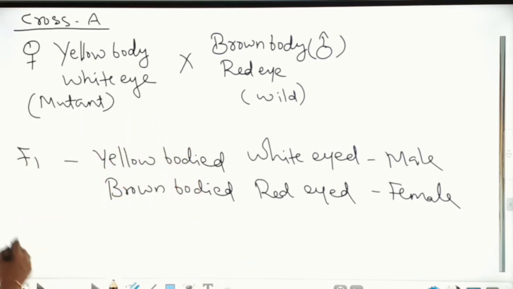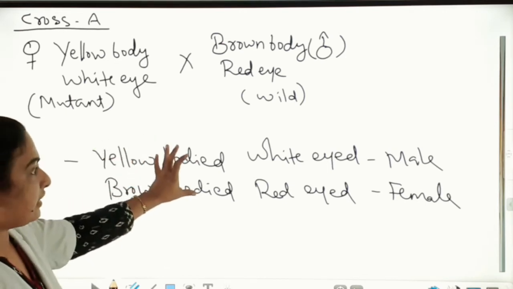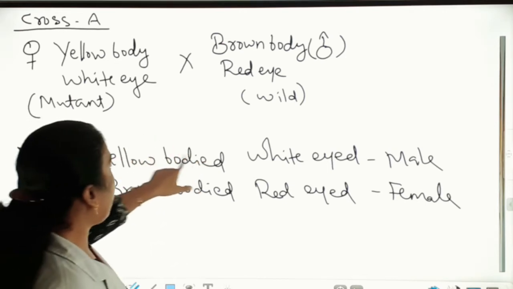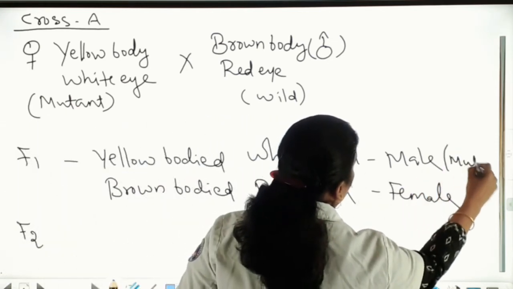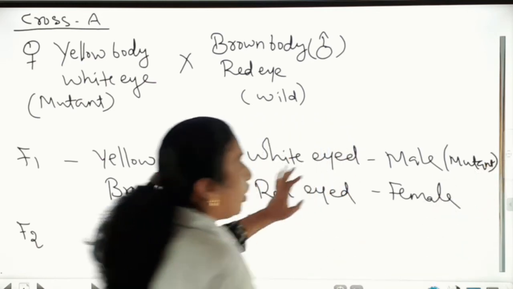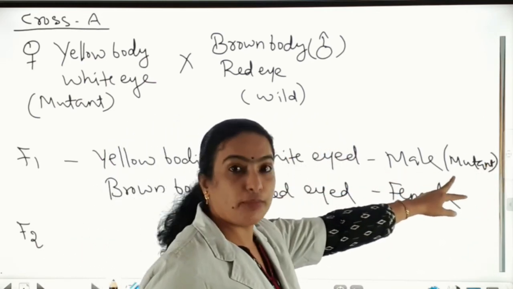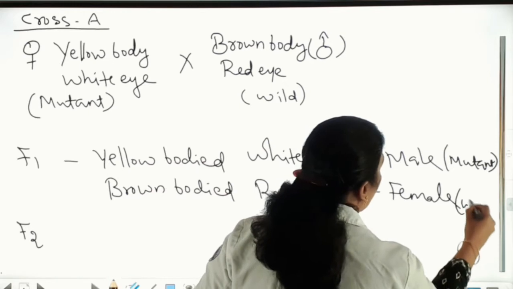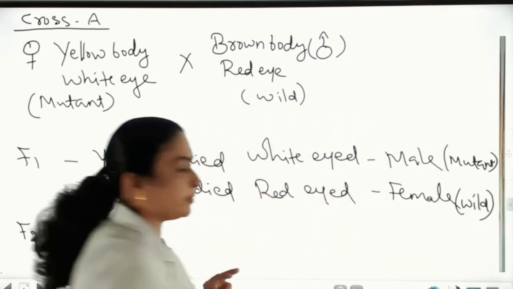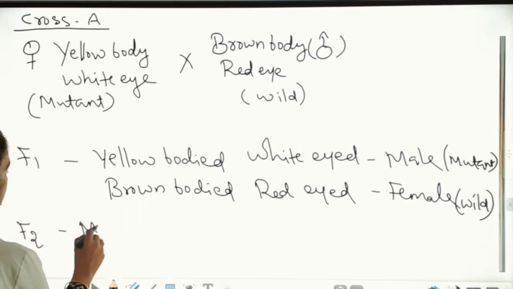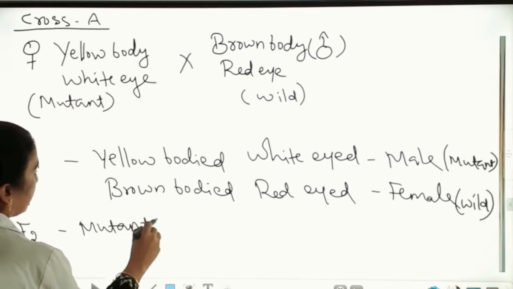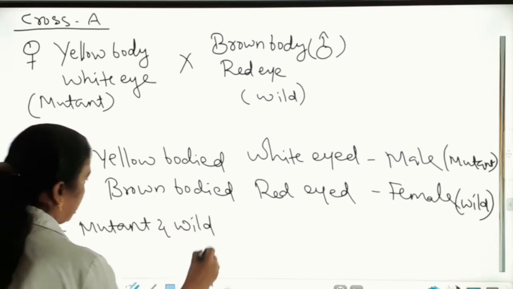And now in the F2 generation, along with this parental character, yellow body, this is mutant character, am I right? So we can say in the offspring the male show mutant character and the female show wild character. And in the F2 generation, the offsprings are showing parental characters such as mutant and wild type.